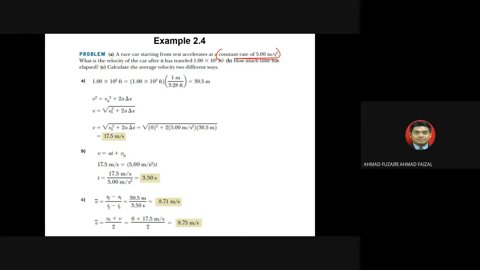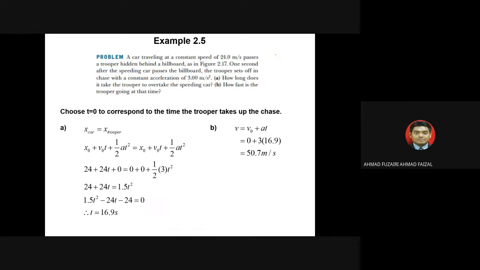What is the velocity of the car after it has traveled 100 feet? How much time has elapsed? You can try on your own. This is also a good example for understanding position as a function of time, the x of the car against the x of the trooper.